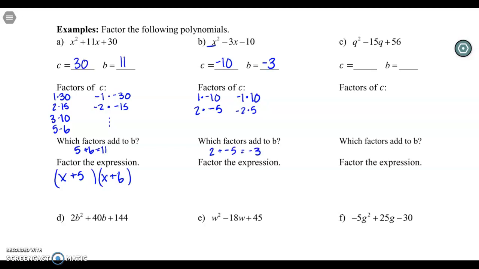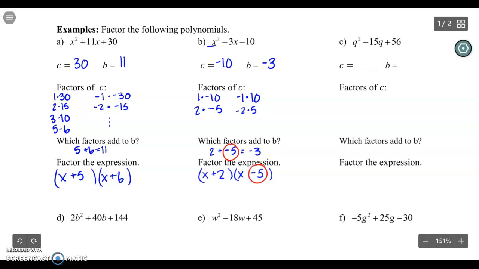So 2 and the -5 are the numbers that I'm going to use here. So I'm going to create my parentheses, and I have an x plus 2, so positive 2, and then an x minus 5. So since the 5 that I chose was negative, then I'm going to be subtracting 5 down here in my final answer.